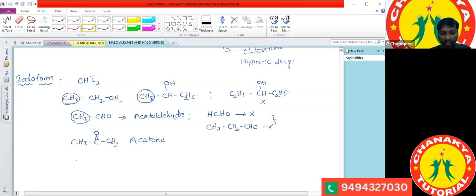For example, C2H5-C=O-CH3, what is the IUPAC name of this? We call it 2-butanone. Does it give a positive iodoform test or not?